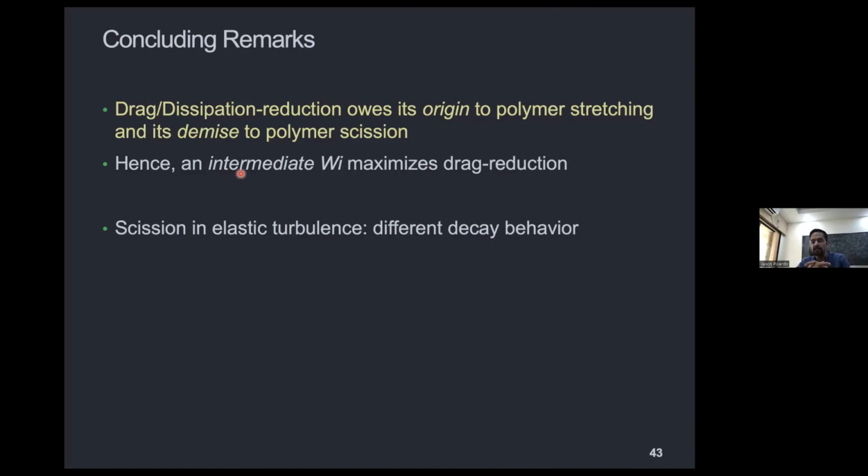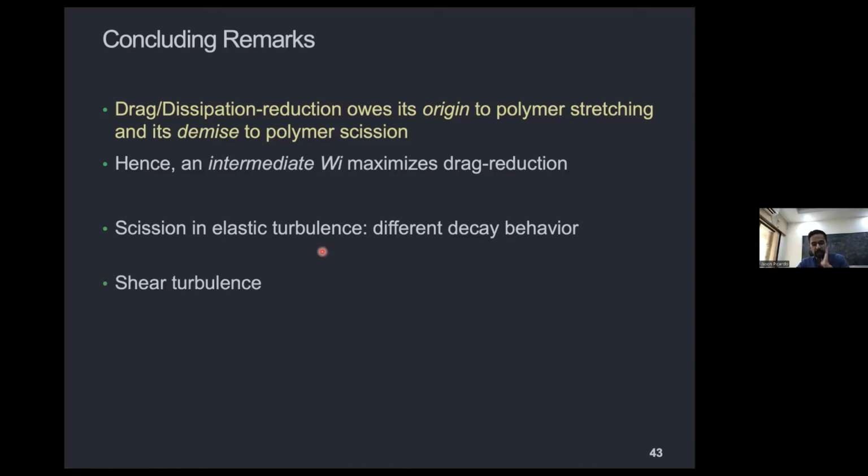You can imagine that they won't break up to the same extent that they would in high Reynolds number turbulence, because there the turbulence in fact gets stronger as the polymers break. So all polymers break until they reach their smallest surviving fragments, whereas in elastic turbulence, the moment they start breaking, the flow itself will weaken. So the final state you achieve, I think, will be quite different. And this is something that we want to look at in the future.